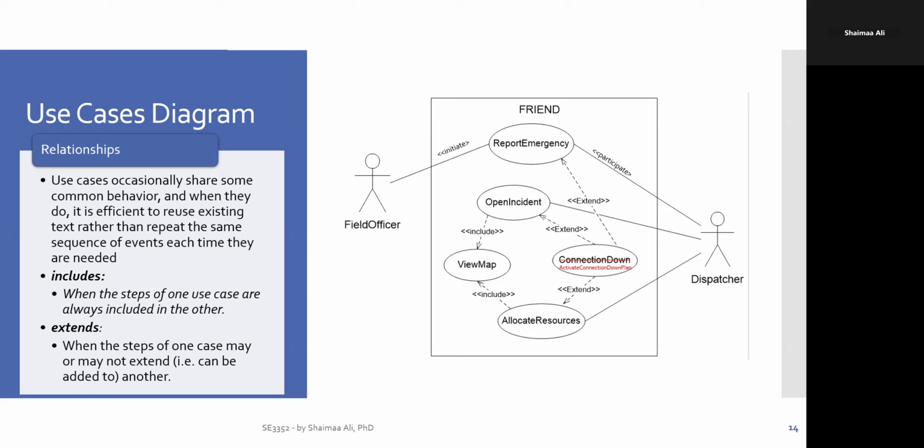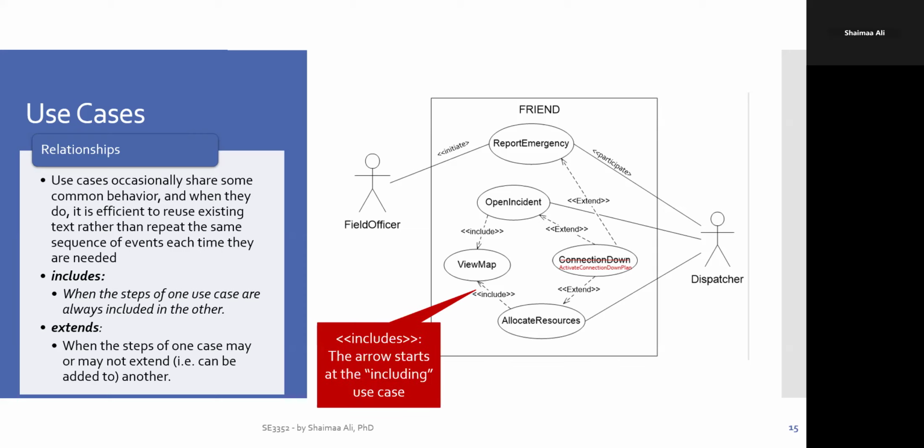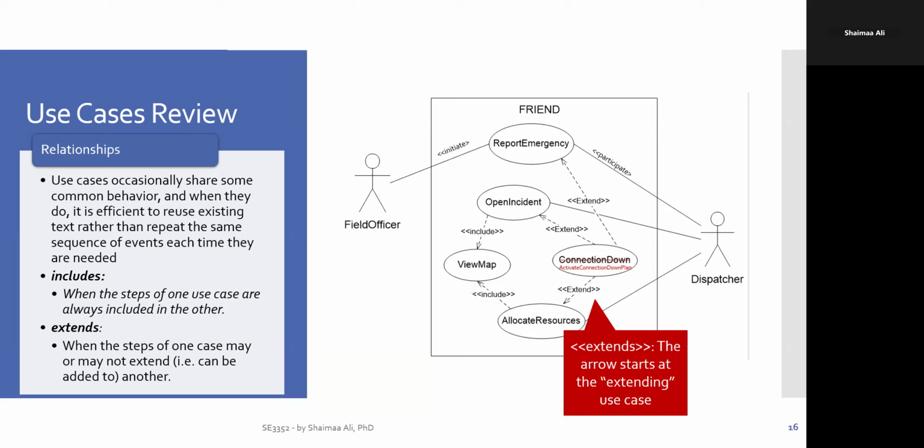The steps in the extending use case may or may not be included in the extended use case. So there is an option here, an alternative way to do the steps for this use case. All right, so that's pretty much the include and extend relationships.